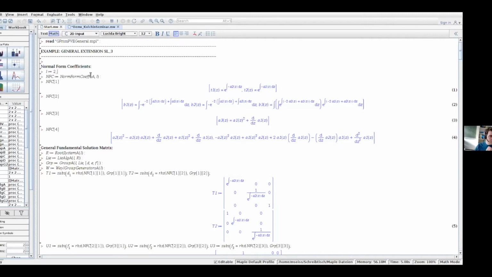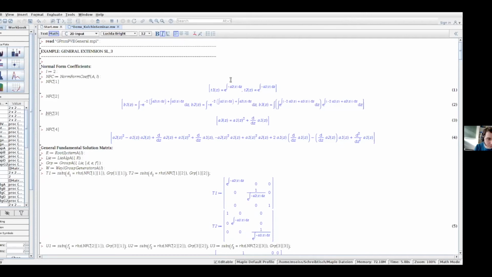Okay, so the general extension in case of SL3. SL3 is of Lie type A2, so l is 2. And here I have a program which computes the normal form coefficients. So here, these ones are the elements parameterizing the torus. You see they depend on A1 and A2, the exponentials.